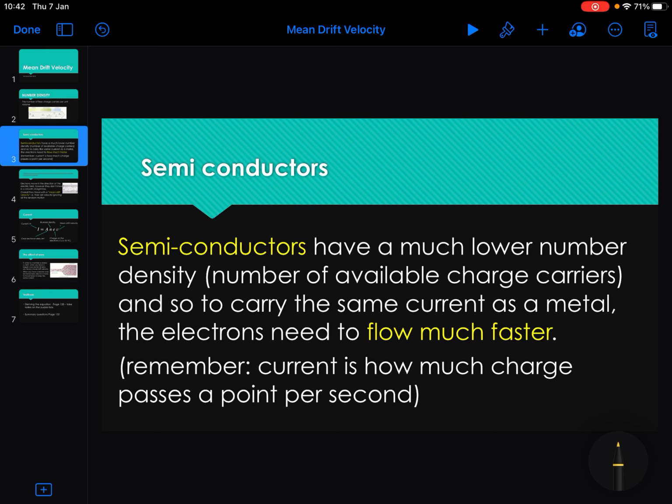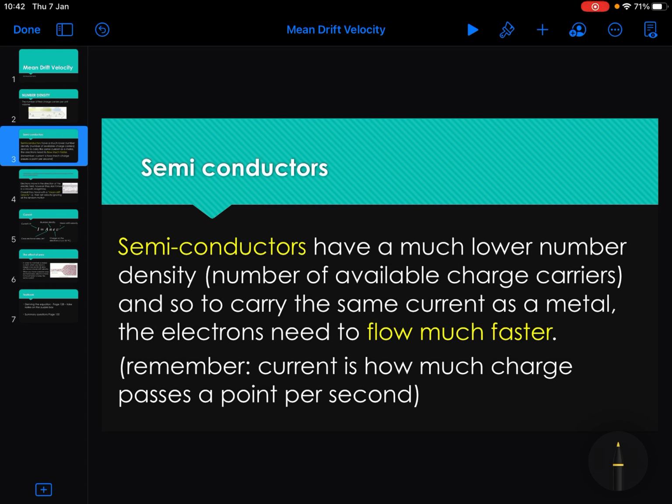Previously in GCSE, we've talked about current being the rate at which electrons go past. Now that is affected by their speed, and it's affected by the cross-sectional area of the material that you're looking at. So if you are able to fit 10 electrons past at a time, you're going to have a higher current than if you can only fit one, for example. So that's just a quick note there.